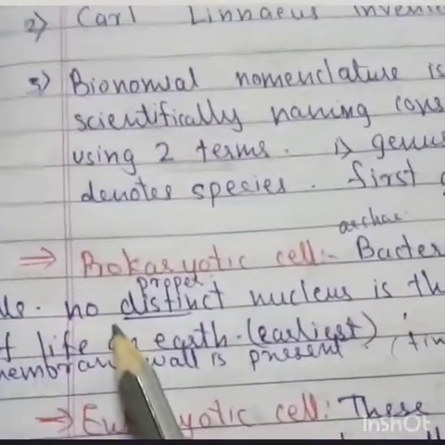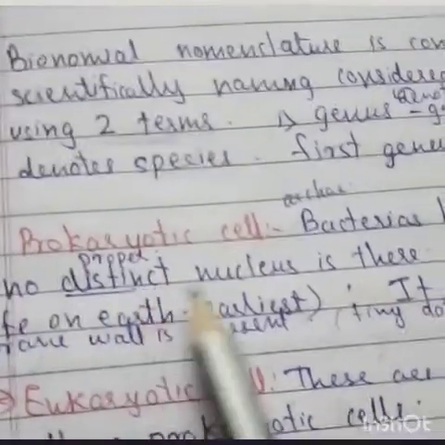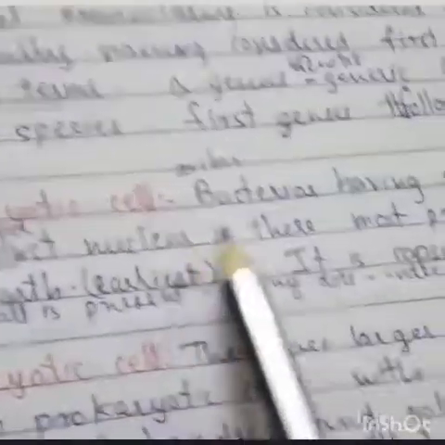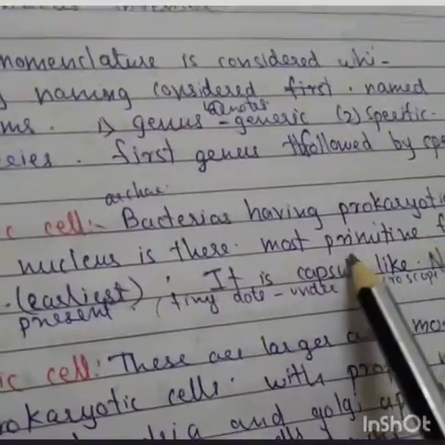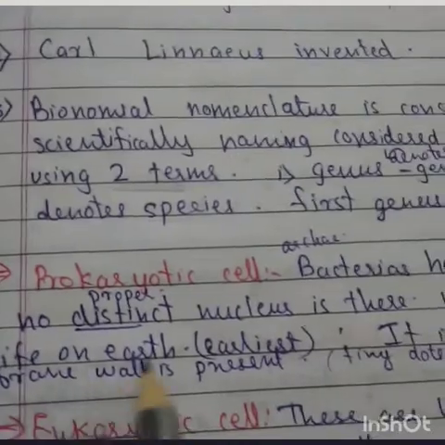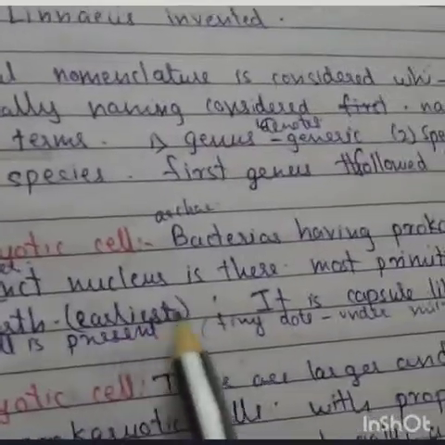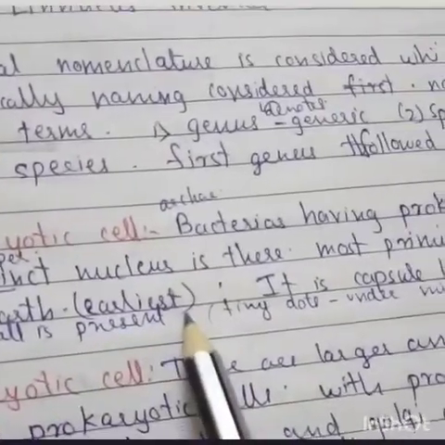In these prokaryotic cells, no distinct nucleus or no proper nucleus is there. Most primitive forms of life on the earth. Most primitive, that means the earliest form of the cell of life on the earth. It is capsule like, no membrane wall is present.